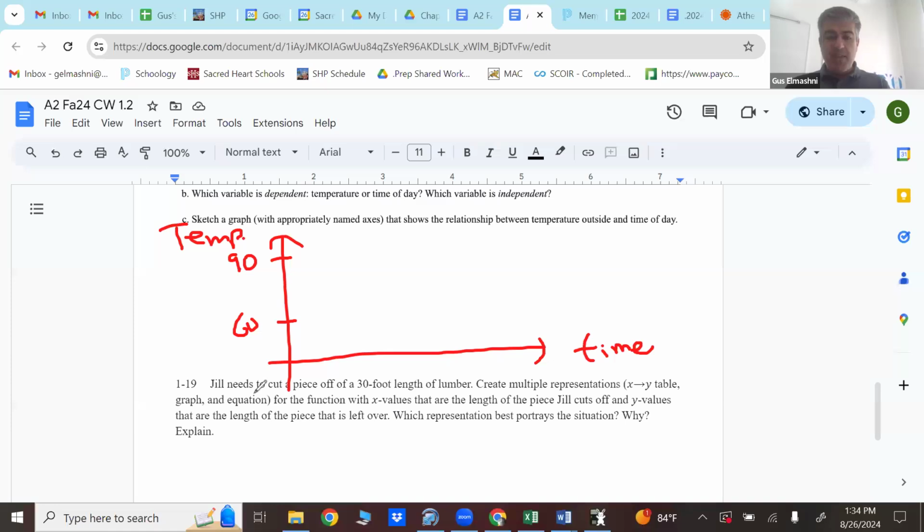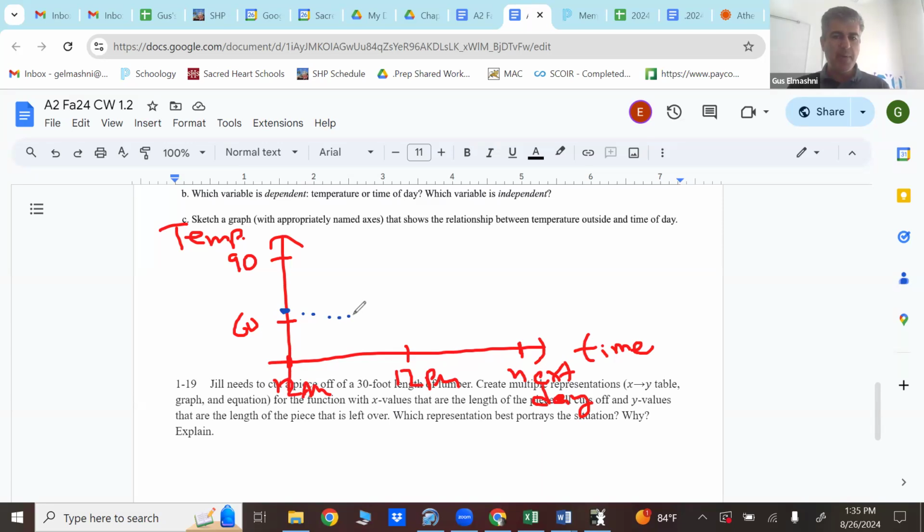Around, and so let's say this is 12 a.m. Let's say this is 12 p.m. And this is the next day. So we're doing a 24-hour period, right? In 24 hours. So what was the temperature around 12 a.m.? Probably pretty close to 60, not exactly. And it kind of got cooler, right?